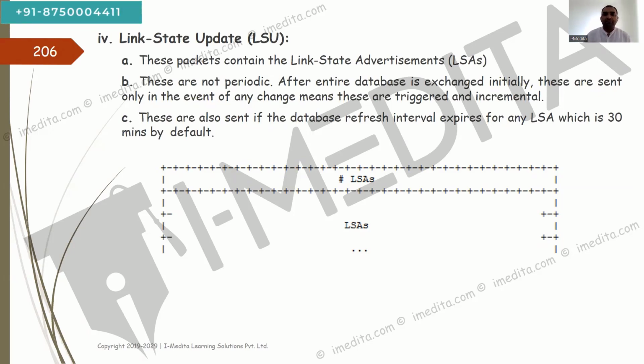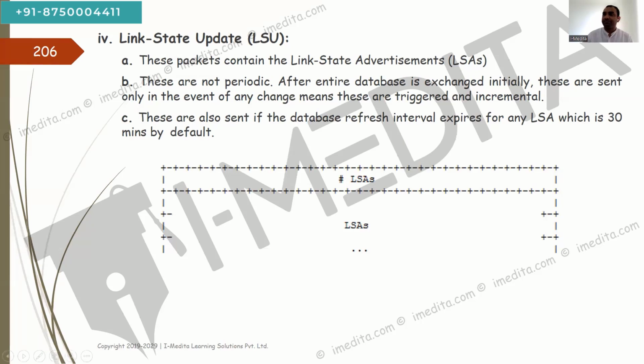Although we can stop it in OSPF, it is used by OSPF just to ensure that all routers are maintaining the latest information in their database table, or the latest data, so there is a database refresh interval which is by default set at 30 minutes. So that's the thing. Link state updates are very critical, and will contain the LSA. And again, the header is going to be common for link state updates.